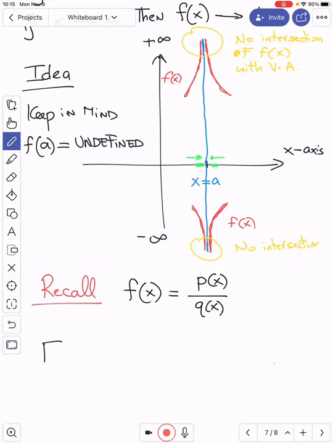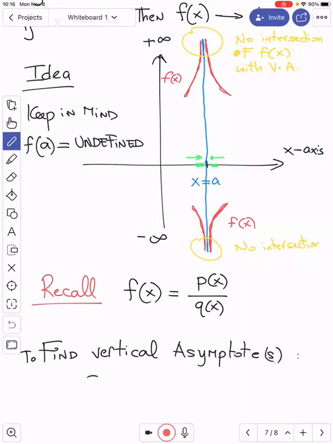To find the vertical asymptote, we need to solve denominator equal to 0. In other words, you need to solve q of x equal to 0.